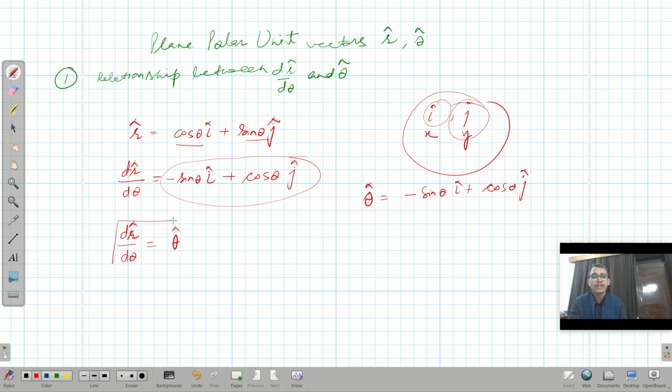This is one relationship which we have to remember, and another is the relationship between d theta cap over d theta and r cap.